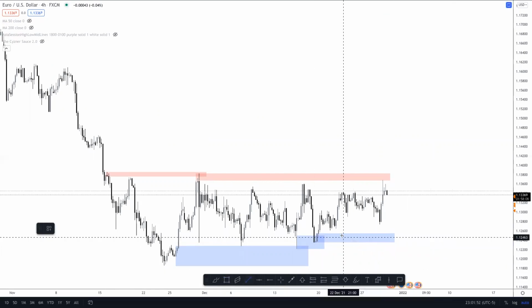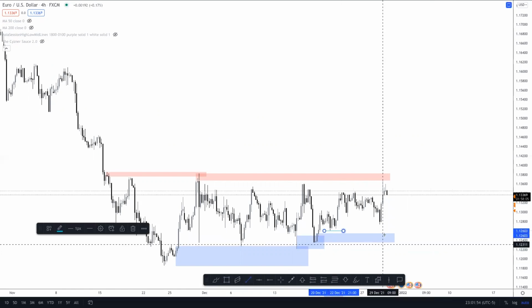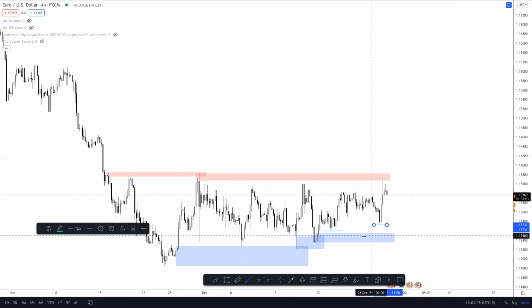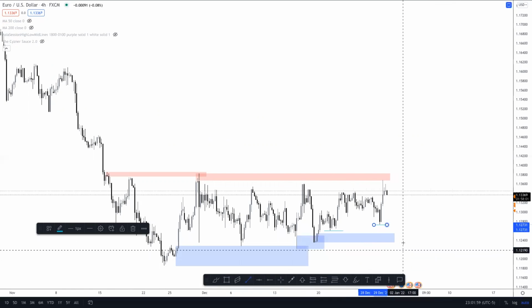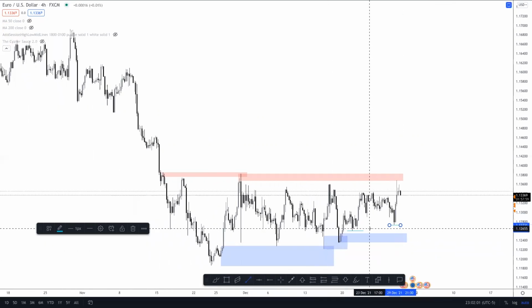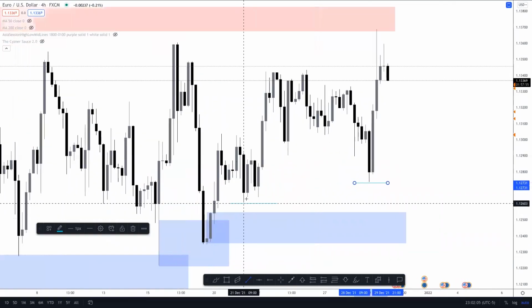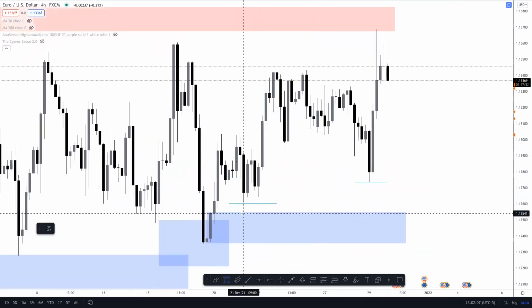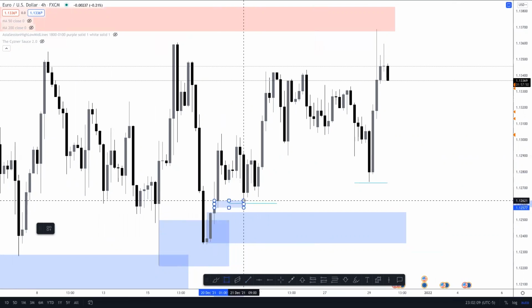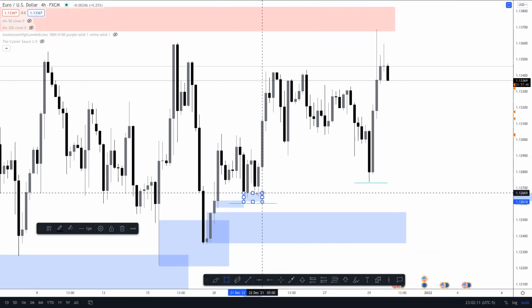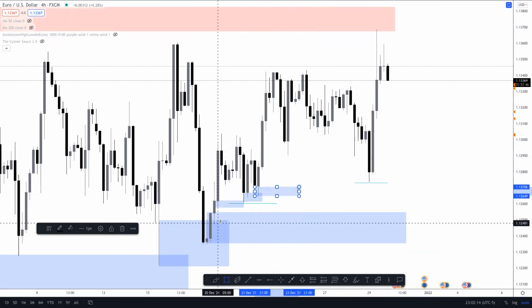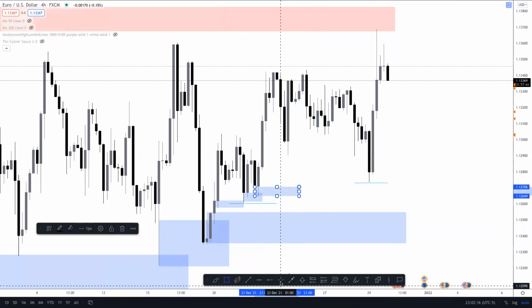And what's happening now is we have more inducements, right, coming to this area here for this to become more valid, right? So as you saw in my previous diagram, we had our external order flow, but if we zoom in, I want to see where those inducements are. I want to look at my wicks, and I want to start identifying my internal order flow directly after my external, right?